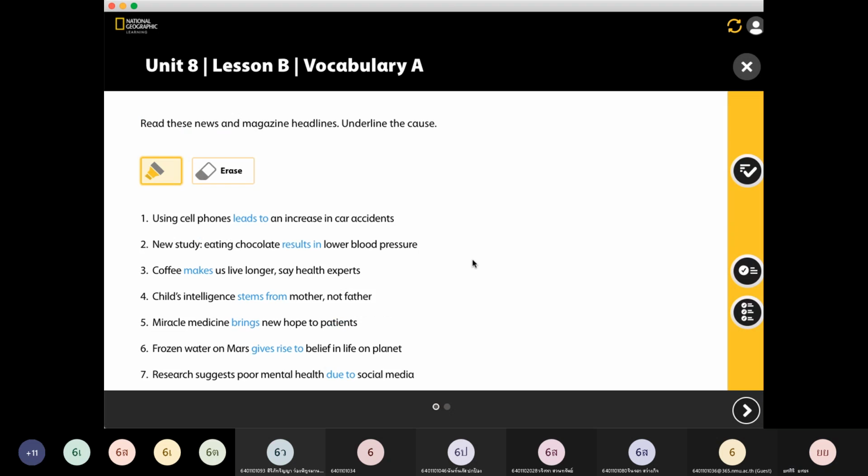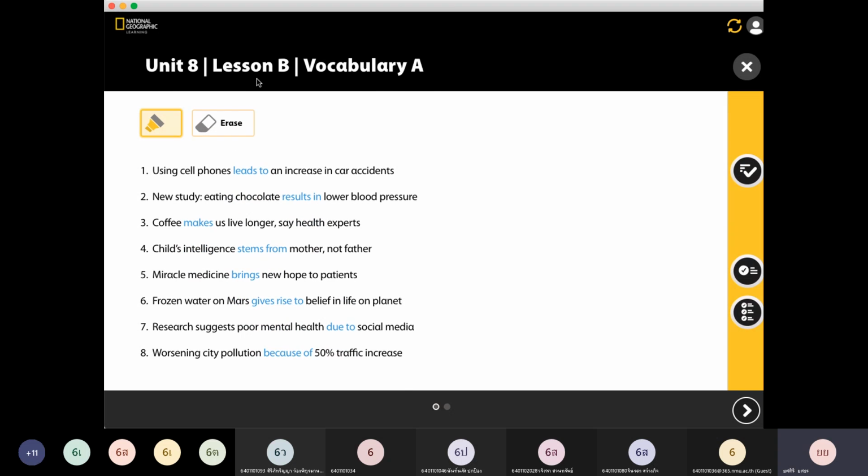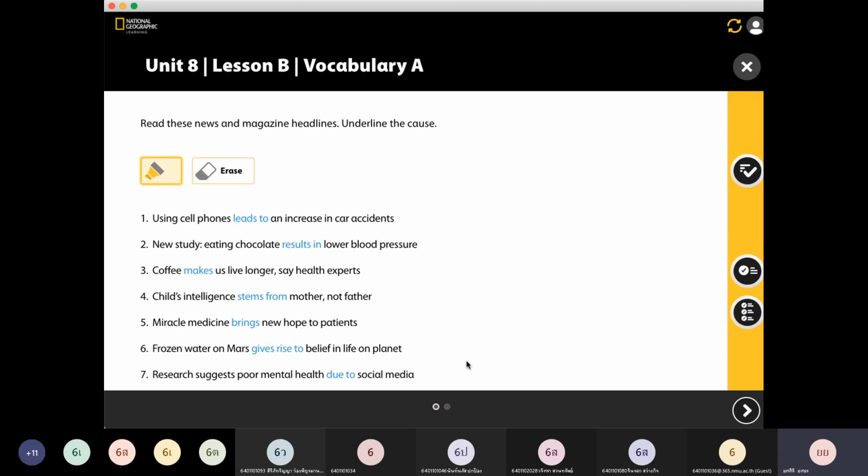So let's have a look at this one first. Have a look at these 8 sentences, and we'll spend a little time on them.